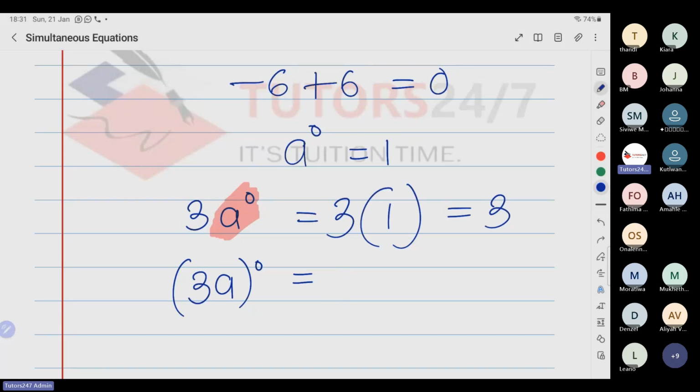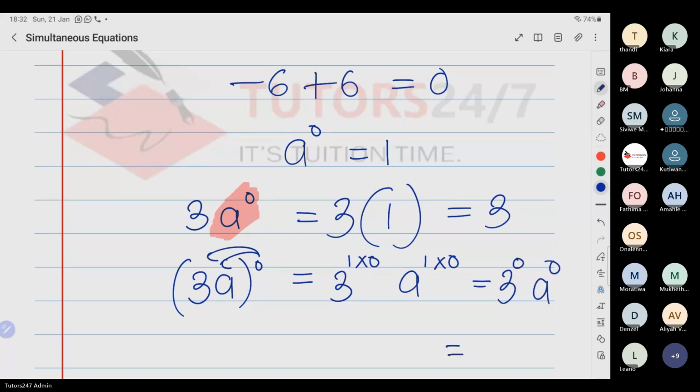If you were to distribute the 0 into each term, remember, 3 is to the power 1 times 0, a to the power 1 times 0. 1 times 0 is 0. So that becomes 3 to the power 0, a to the power 0. 1 times 1, that's 1.